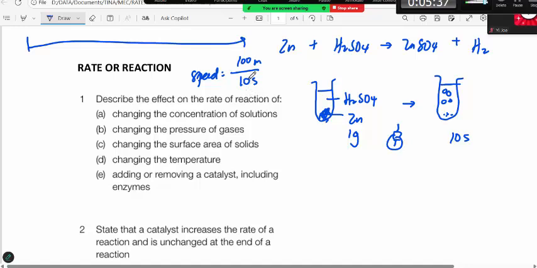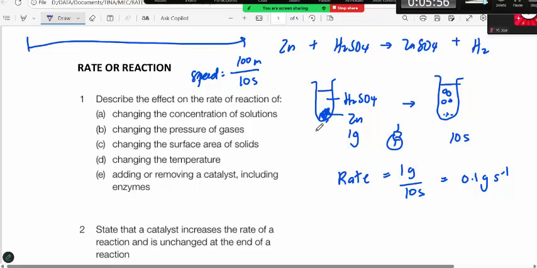For chemistry, we don't call it speed, we call it rate. So your rate will be 1 gram dissolves in 10 seconds, so it will be 0.1 gram per second. Same concept. Do you understand? So basically, it's how fast something happens.